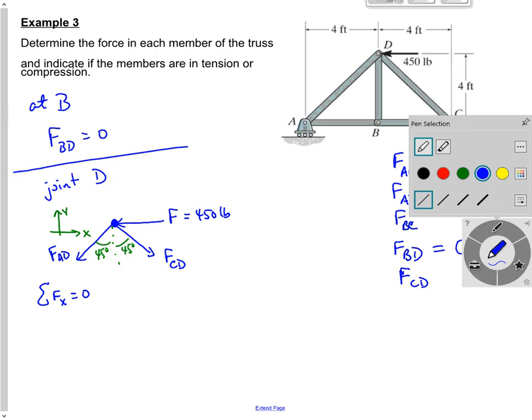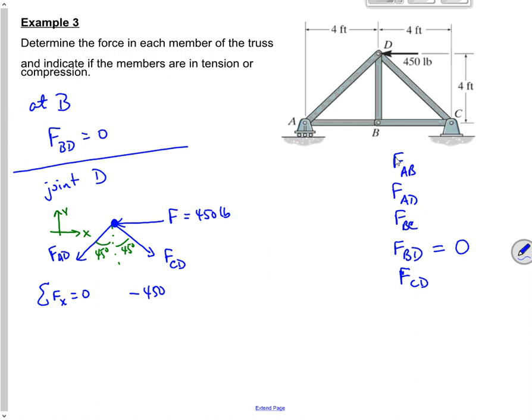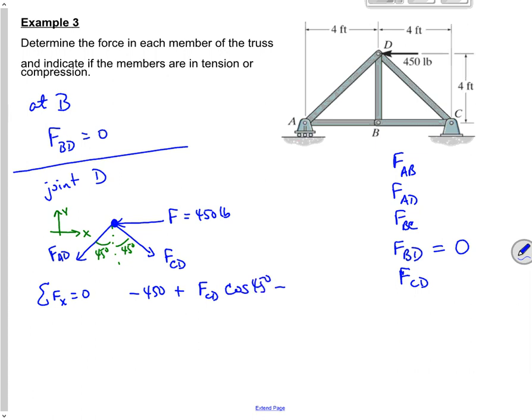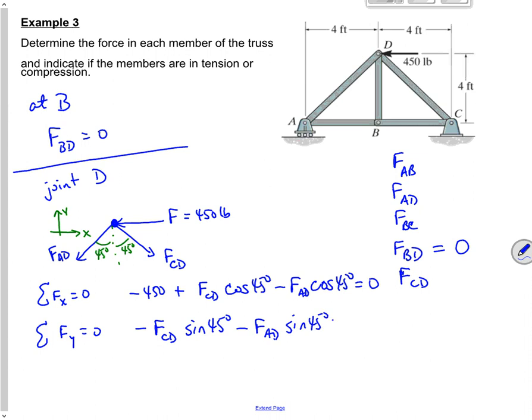I get minus 450 plus FCD times the cosine of 45 degrees minus FAD times the cosine of 45 degrees. Then we do the sum of the forces in the y direction equals 0. We get minus FCD sine 45 minus FAD sine 45 equals 0.